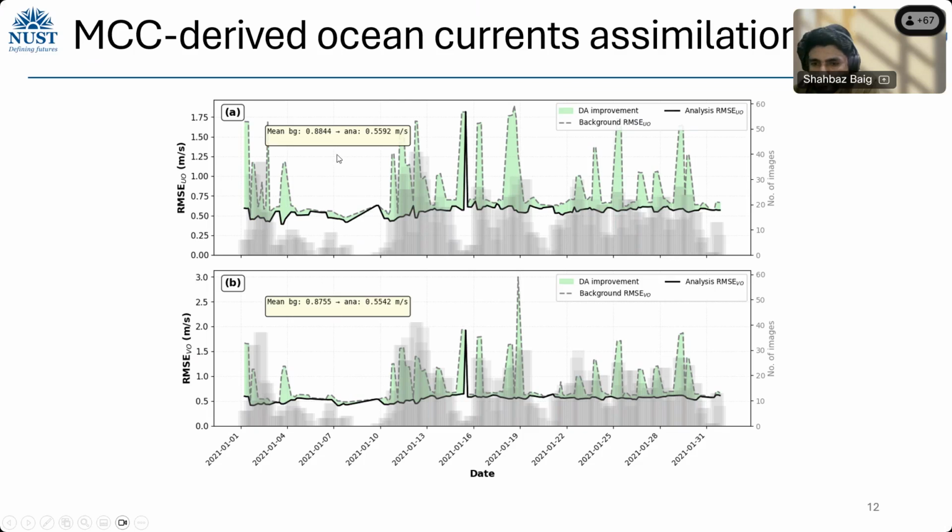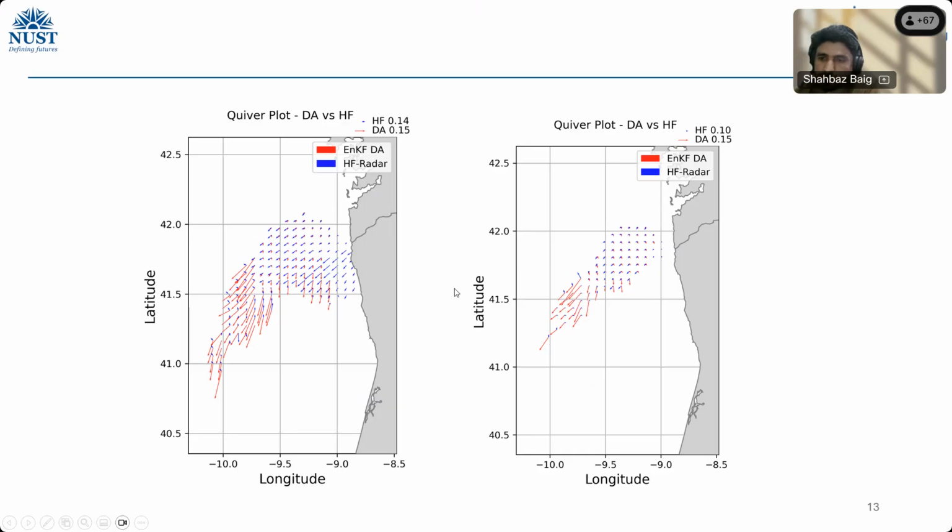And here you can also notice that for the background mean RMSE, we have around 0.8, which has been improved up to 0.5 RMSE meter per second for both UO and VO components of ocean currents.